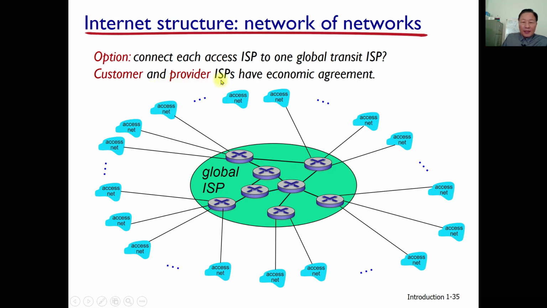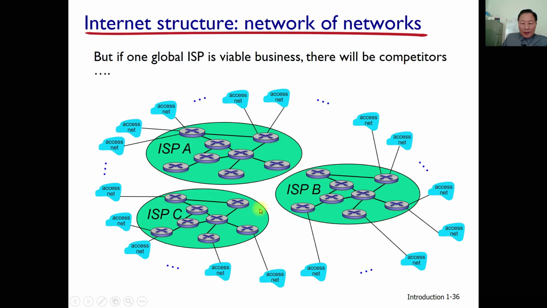Customer and provider internet service providers have an economic agreement, and that can be divided like that, but still this can be shared with other access networks regionally, also in this region or this country or this area, and they will be hooked up together. Inside they will be interconnected. Then that will be more effective.